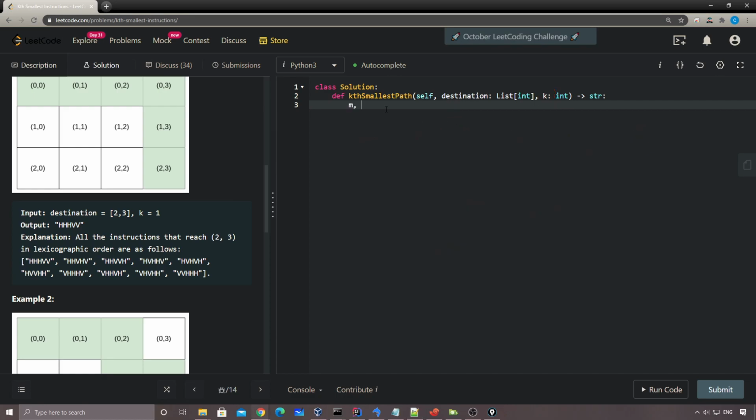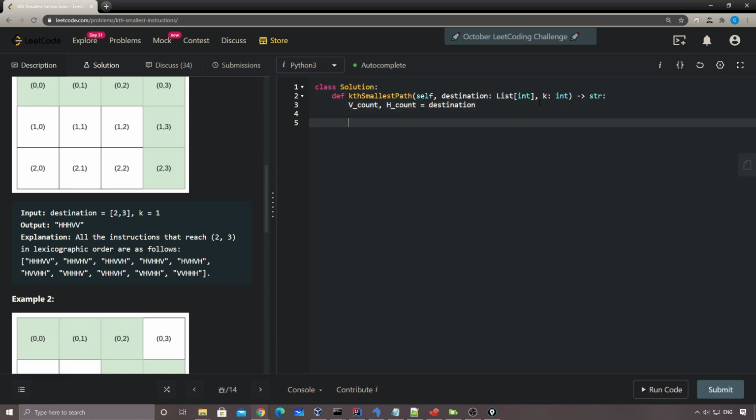So I'll try to explain a little bit more here. So basically we have destinations, right? So the M is V, and H, I'll put like this is the V count, right? And this is the H count, okay?